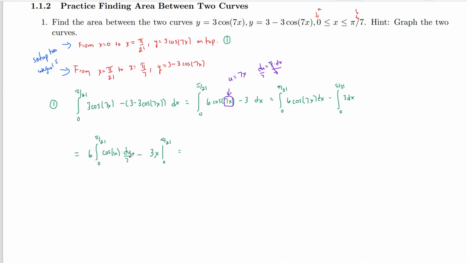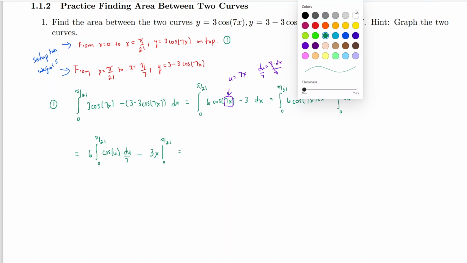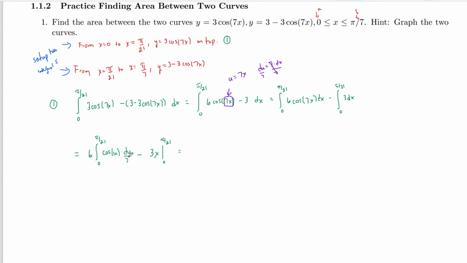And now it's up to you what you do. I pretty much wait until the end to plug in because I know I'm going to have to plug in the same numbers in here anyway. I'm going to go ahead and bring this 7 out. One thing I'll mention here is that what happened when we made this substitution is we ended up dividing du by the 7 because that's our derivative of 7x.